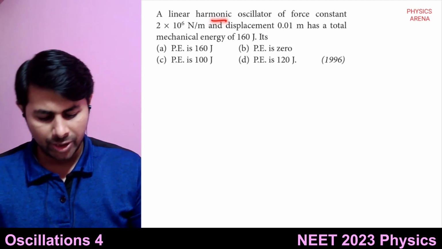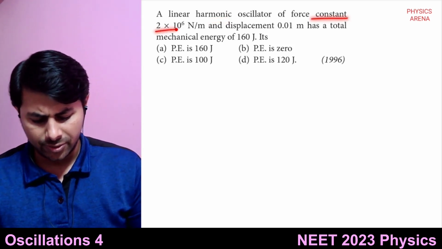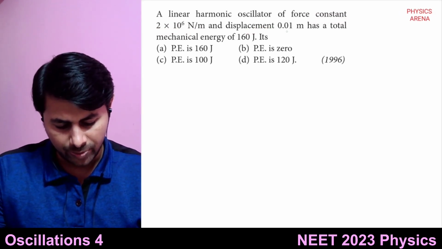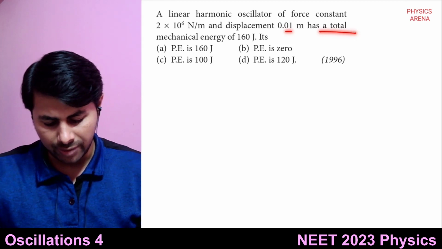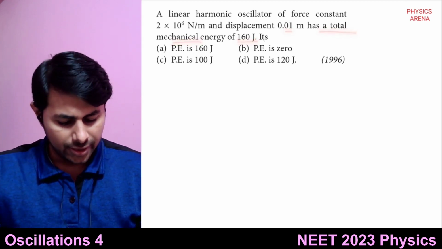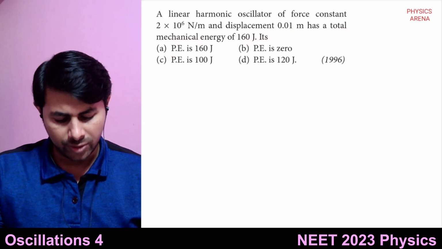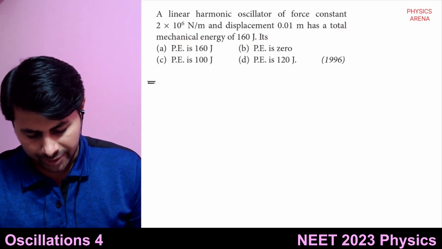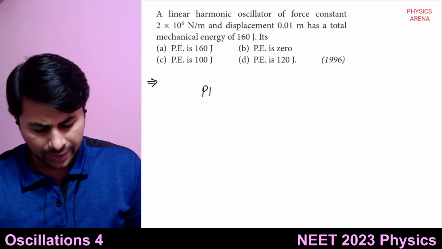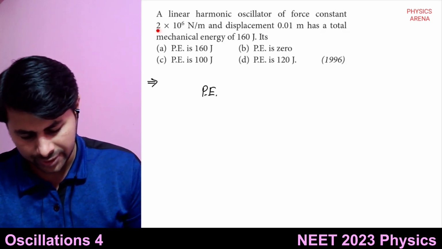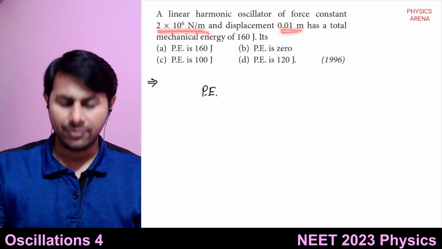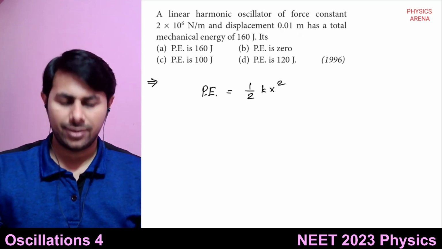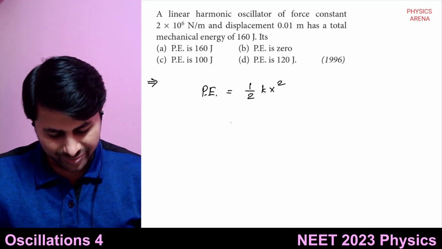A linear harmonic oscillator of force constant 2 multiplied by 10 raised to 6 newtons per meter and displacement 0.01 meter has a total mechanical energy of 160 joules. Its potential energy, okay, we have to calculate potential energy, and it is simple. Force constant is given, displacement is given, potential energy is equal to half of k times x square. This is just a plug and play kind of problem.